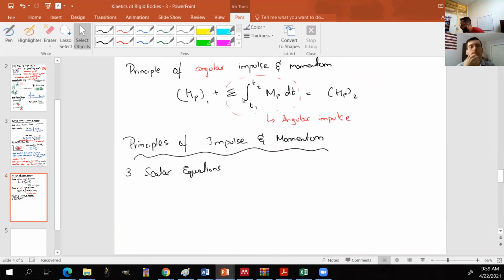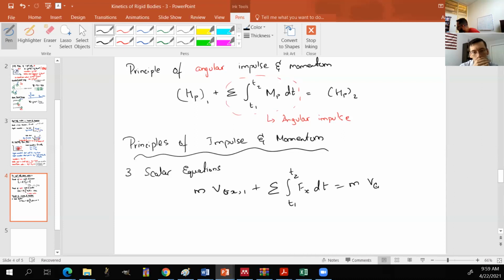So you can write those out. You get m v_Gx at position 1 plus whatever is your impulse of the forces in that direction, so the integral of Fx dt, and that's equal to m times v_Gx in position 2.